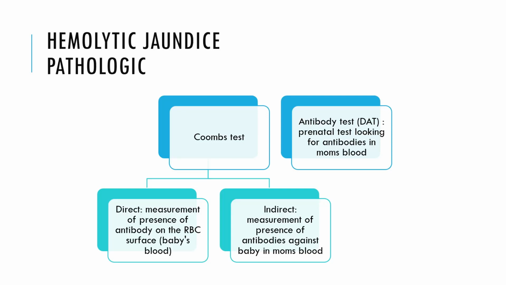So a positive result for an indirect Coombs test means that the mom had antibodies against Rh or ABO antigens of the baby, and they're floating around in mom's blood. If the indirect Coombs test is positive, that's really bad because the mom has these antibodies against the baby's blood still floating around in her bloodstream, and that's why this baby all of a sudden has a super low hematocrit and a sky high bilirubin, and now we are doing a double volume exchange transfusion.